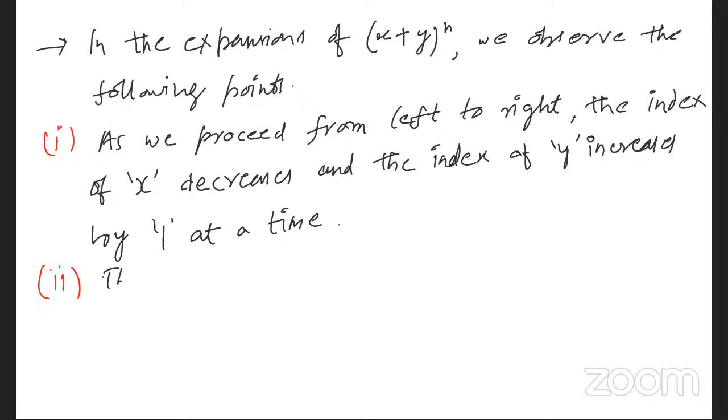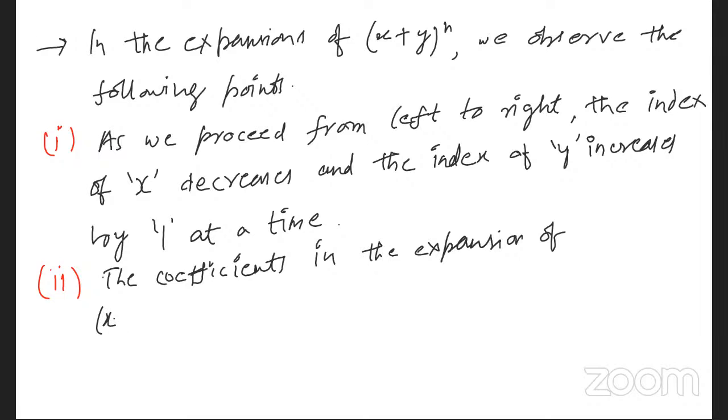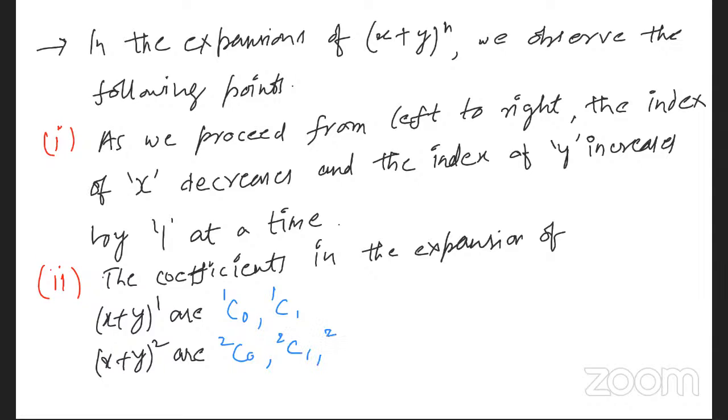The coefficients in the expansion of x plus y whole power 1 are 1c0 and 1c1, and in the expansion x plus y whole square are 2c0, 2c1 and 2c2.